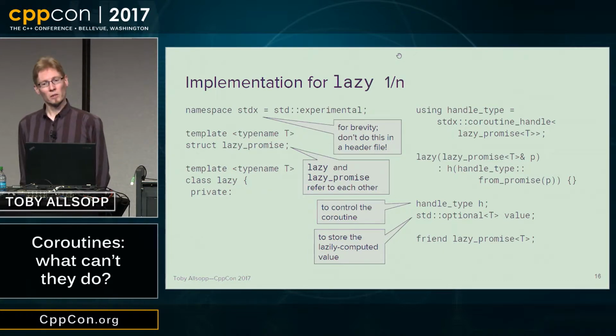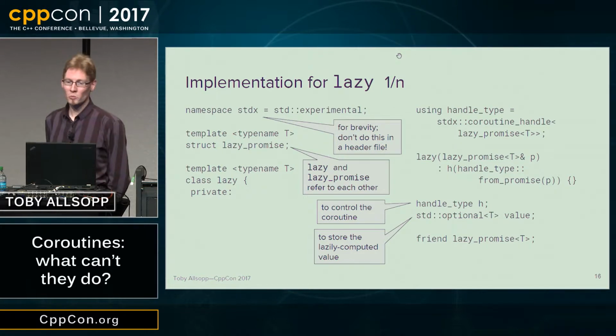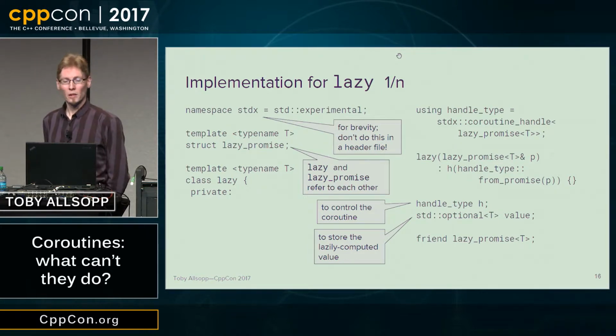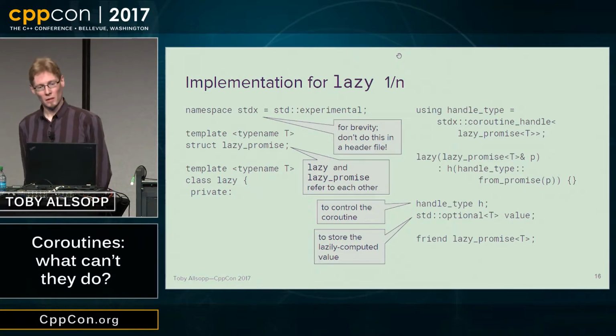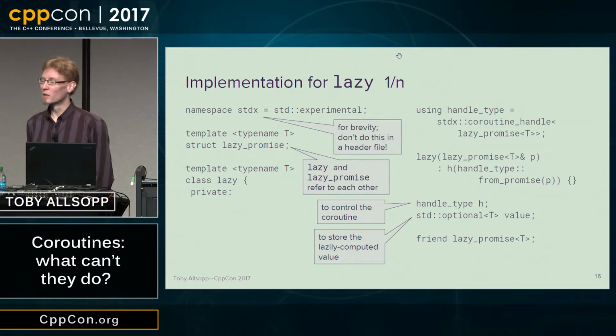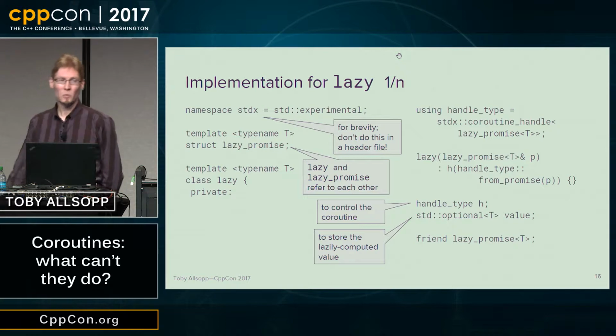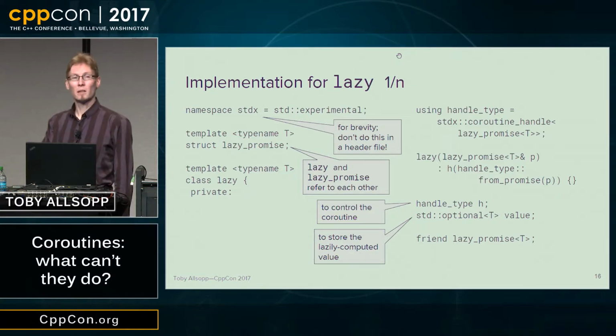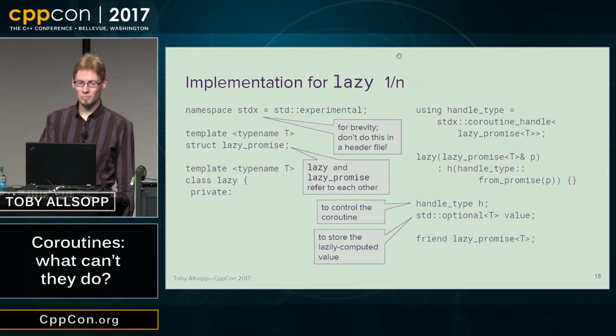When it's constructed, it gets passed a reference to the promise object, and it just converts it into a coroutine handle and stores that away. It also has an optional storing the value that's been computed. It starts out empty to indicate that we haven't computed the value yet.